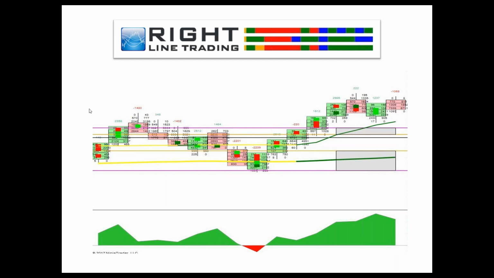There can be an overabundance of aggressive buyers on a down candle and an overabundance of aggressive sellers on an up candle.